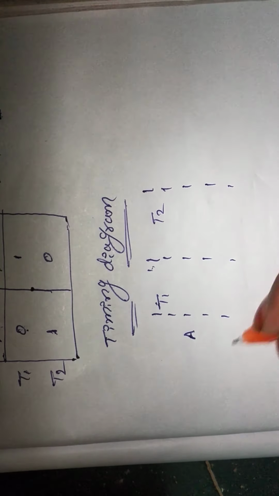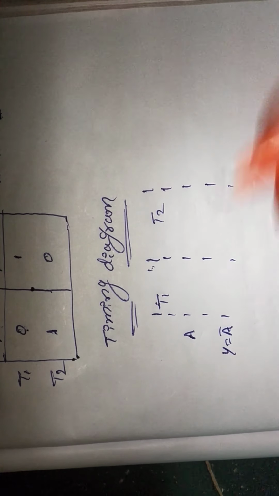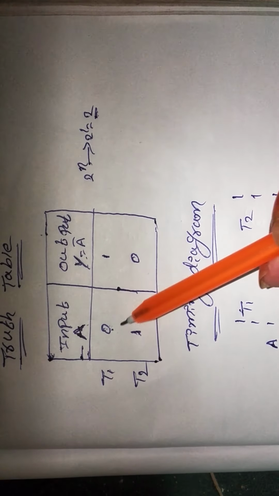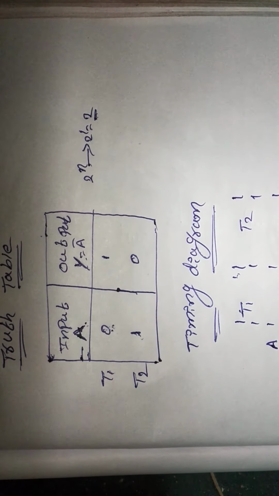Variable A, output y equal to A bar. Here in the truth table we take A as 0 and 1.